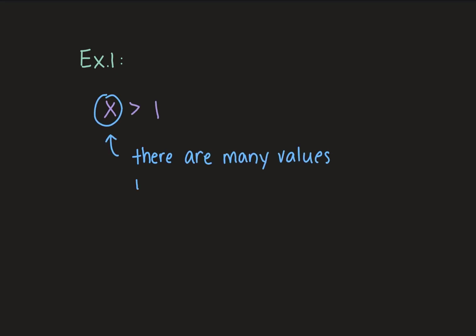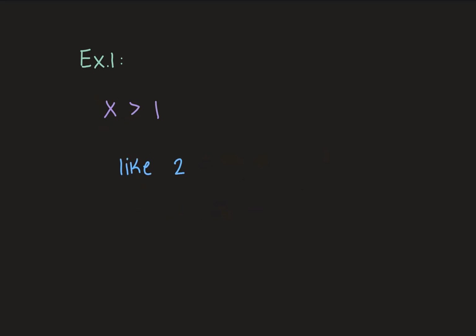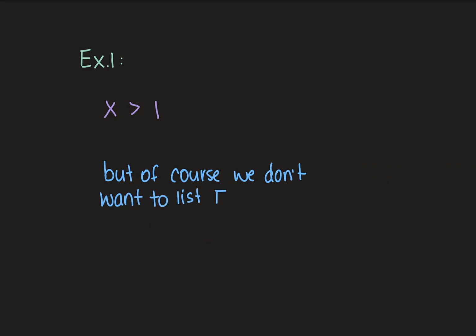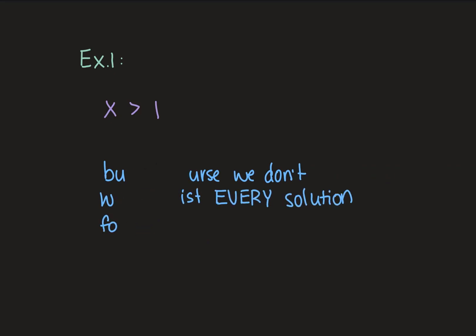Alright, so let's consider this example. We can start with x is greater than 1. Now, there are many values we can have as a solution for x, like 2, 3, 3.5, 3.7, 10, 12, basically a lot. But of course we don't want to list every solution for x.